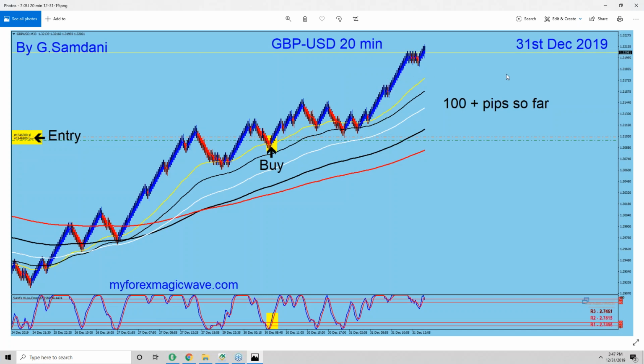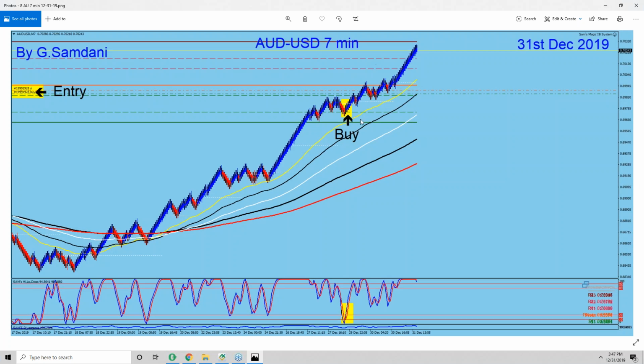GBP/USD for 100 pips on the 31st, nice and clean entry close. And AUD/USD went up, right? So out of 4 pairs supposed to go up, I got 3 trades, and out of 3 pairs supposed to go down, I got 1 trade. Not bad at all, right?